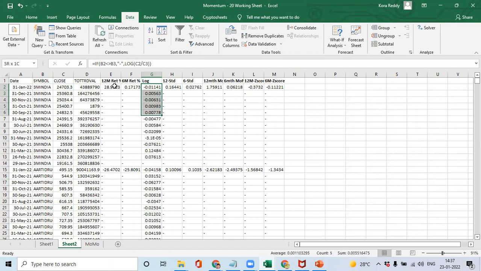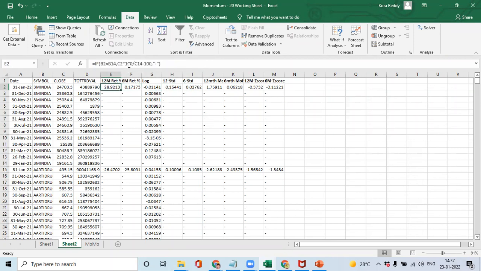So we have these daily log changes or monthly log changes and the standard deviation of that. Standard deviation of these 13 items into annualized square root of 12. Same thing, standard deviation of last 6 months into square root of 12, annualized.